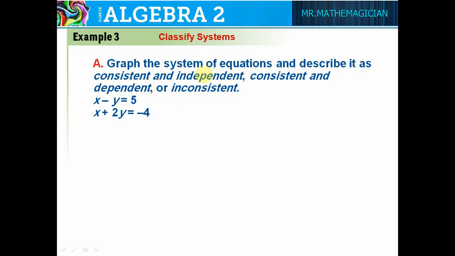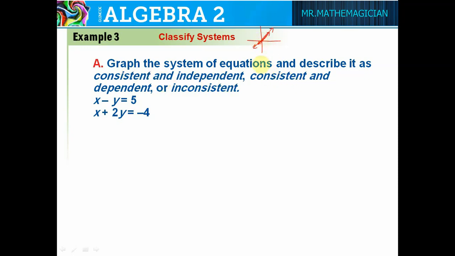Consistent and dependent means the two lines are exactly on each other. The first line and the second line are exactly on each other. So we say consistent and dependent, as if the two lines depend on each other. So this is consistent and dependent.